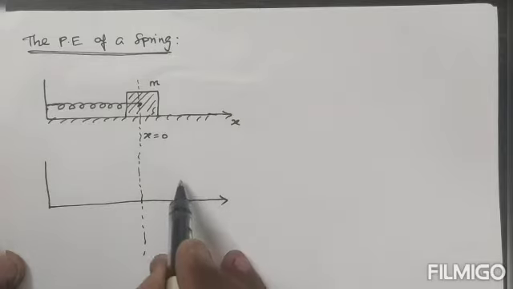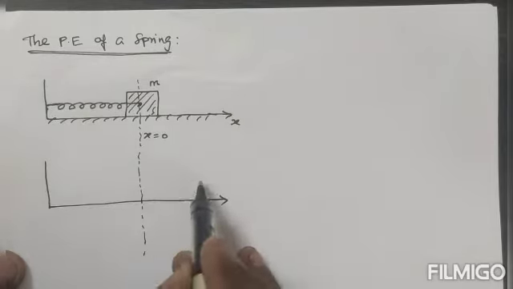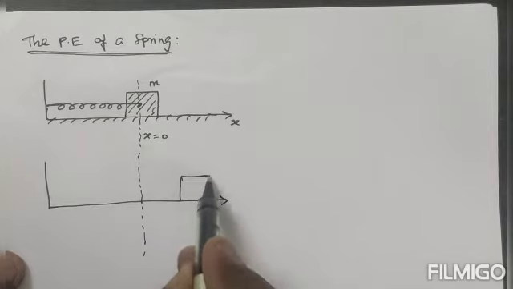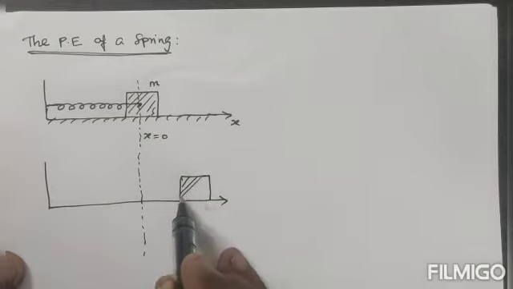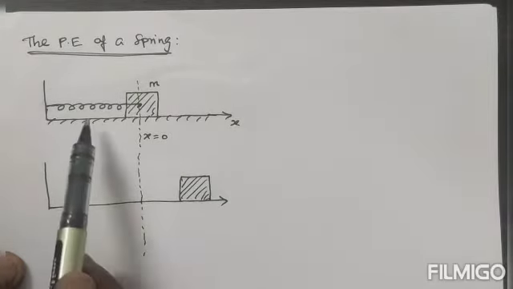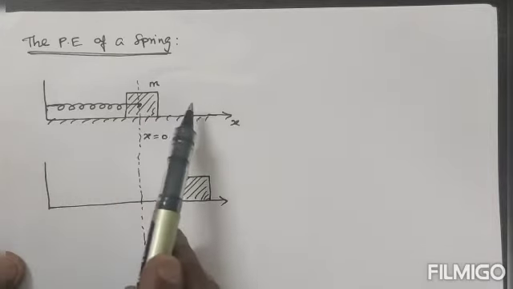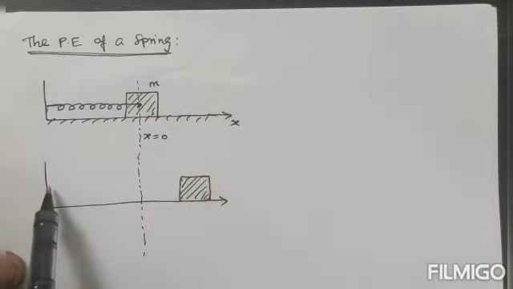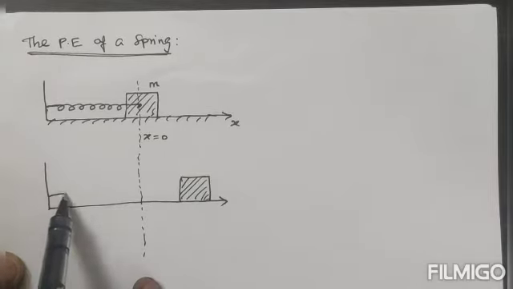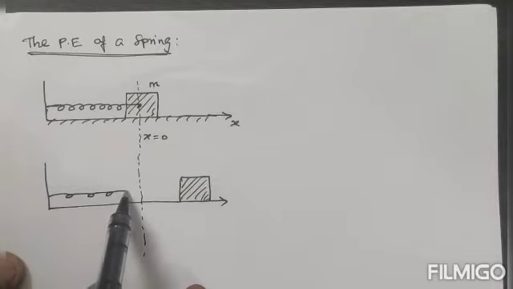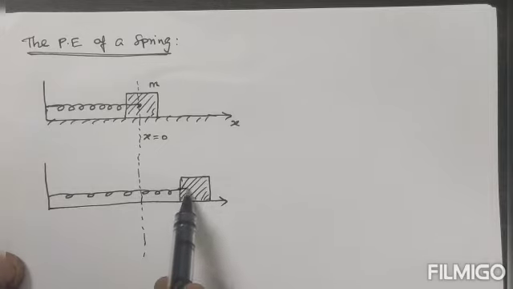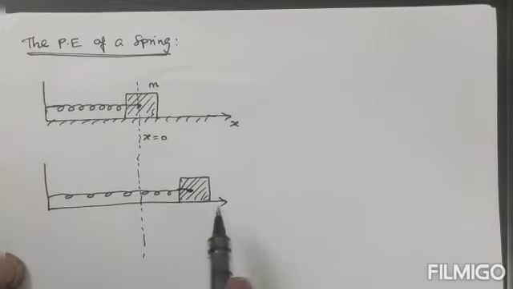So now the block has moved. While we are applying the external force on the right side, the spring becomes stretched. So now the spring is stretched like this.